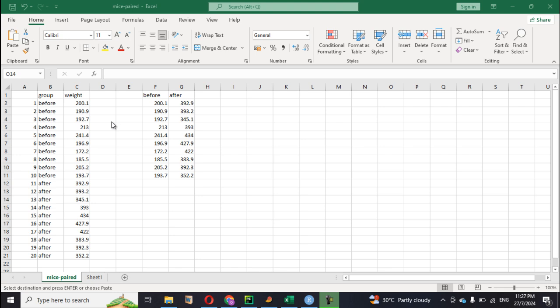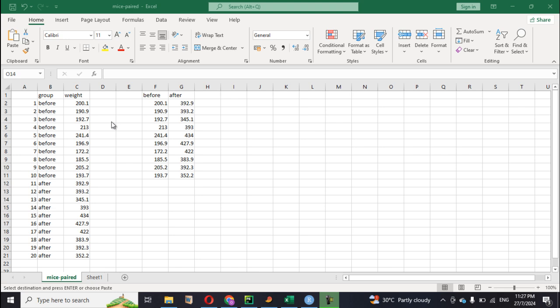This is the concept of the paired t-test. We want to know if there is any statistical difference in the mean weight of the mice after their treatment.